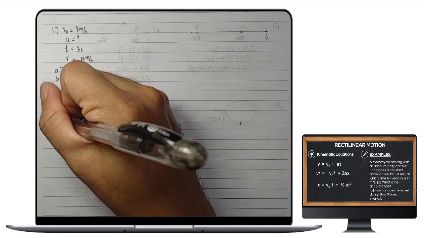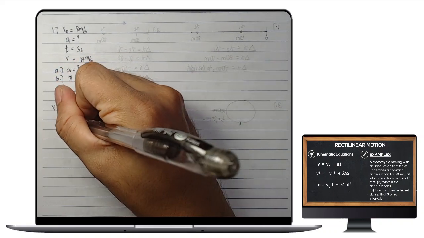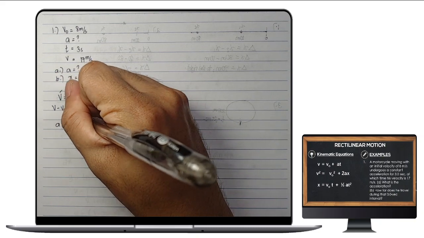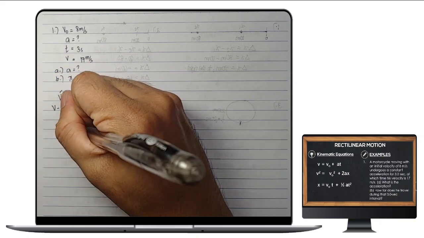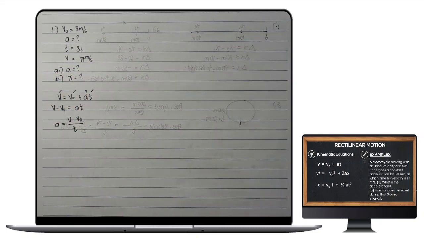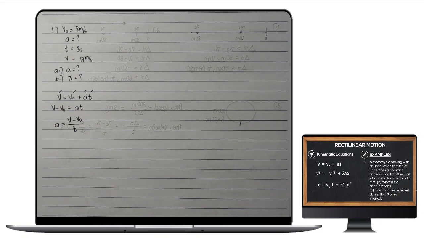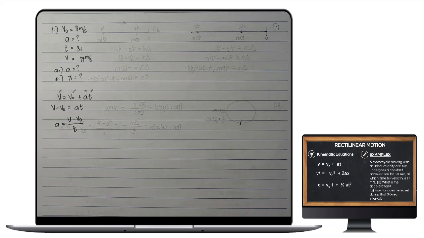So, when we want to find acceleration, that is simply V minus V sub O all over time. Let's discuss first the formula that we derived. Here we have acceleration is equal to V minus V sub O divided by time, or the final velocity minus the initial velocity divided by time.